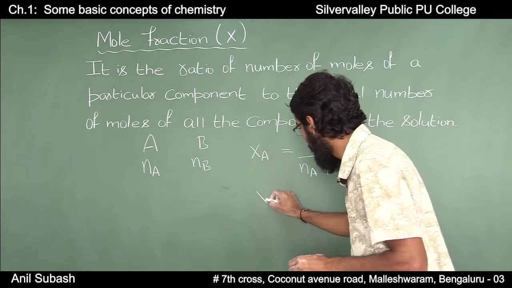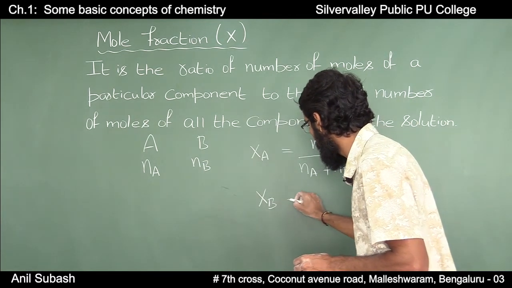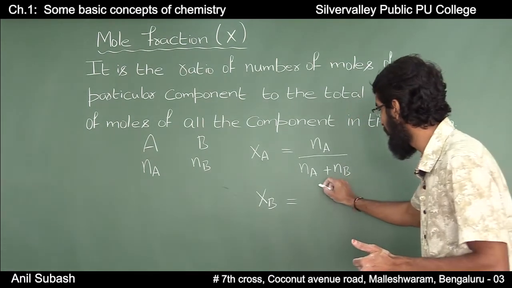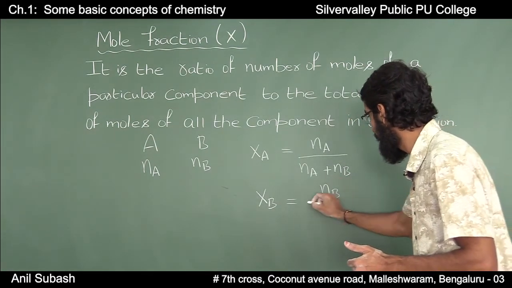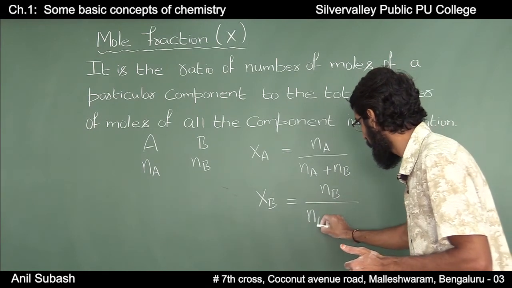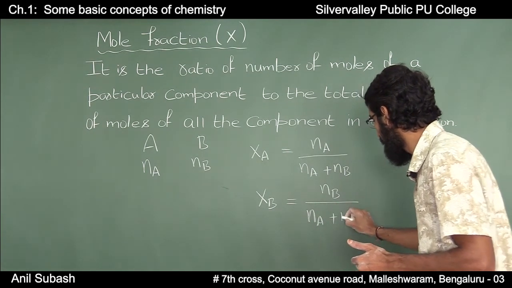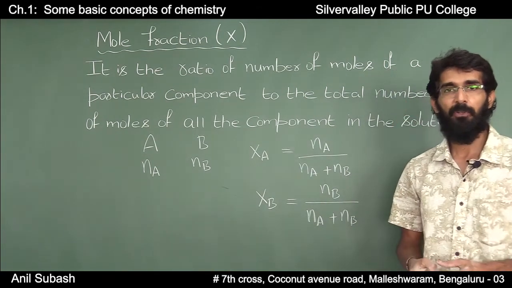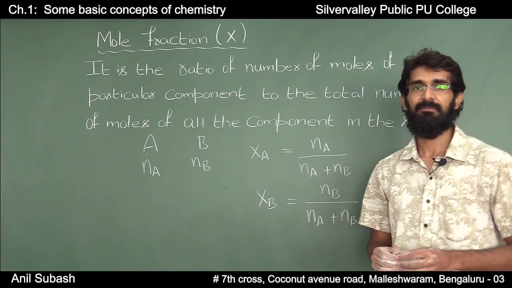Similarly, mole fraction of component B will be equal to number of moles of component B divided by total number of moles of all the components, that is number of moles of component A plus number of moles of component B.